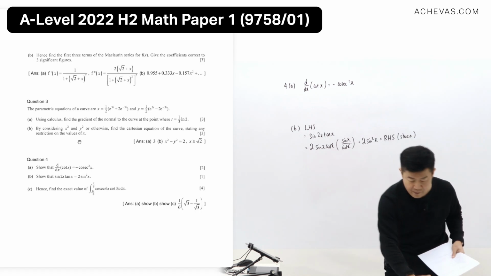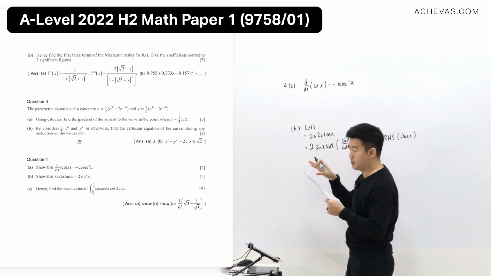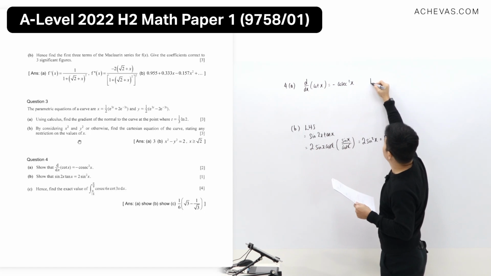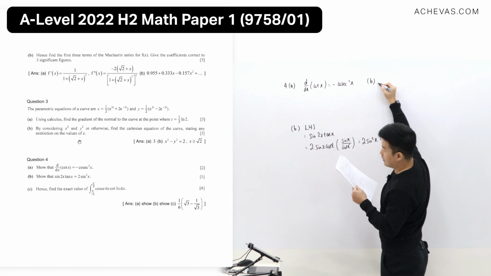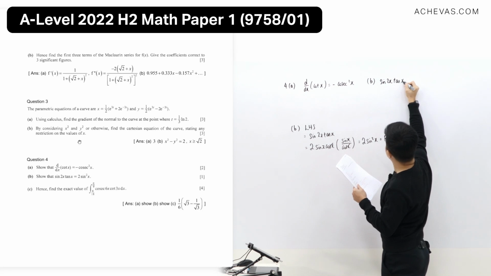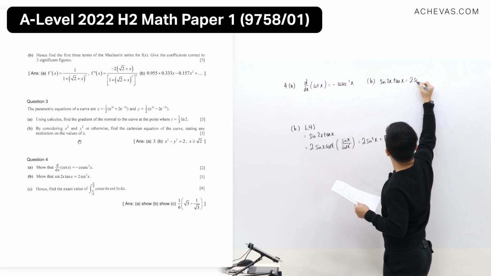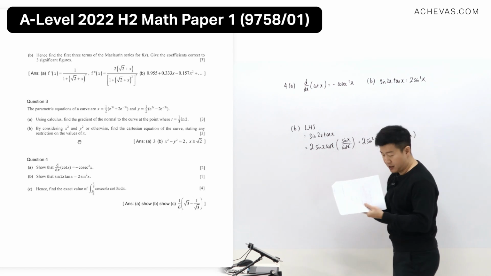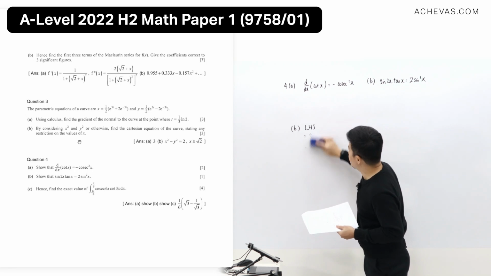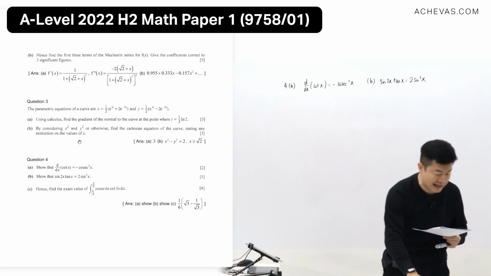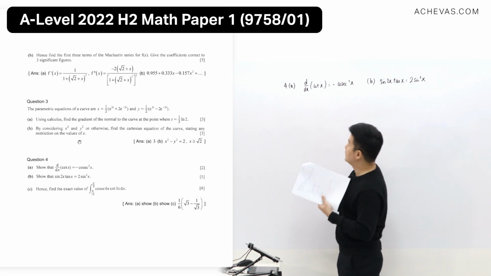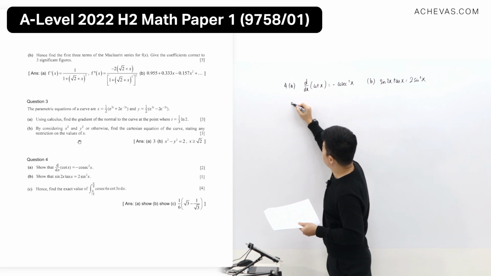And for 4b, we have sine 2x tangent x, which is 2 sine square x. Okay, we are going to try and make use of probably both a and b. We are not sure yet at this moment, but the question says hence, so we will definitely need to make use of the previous parts.